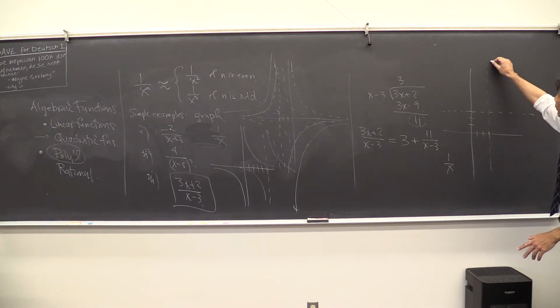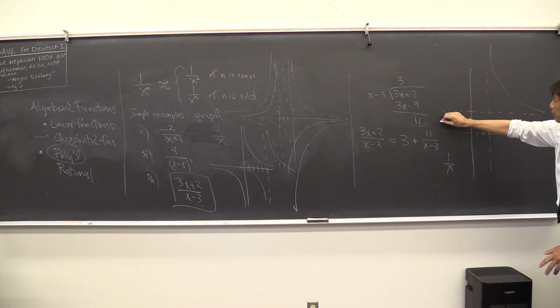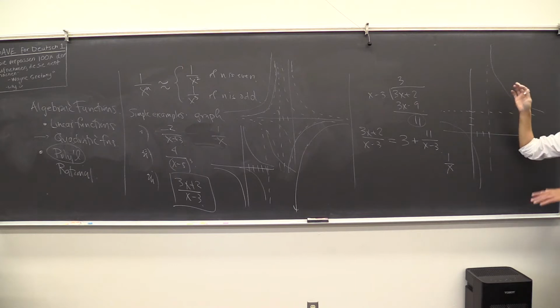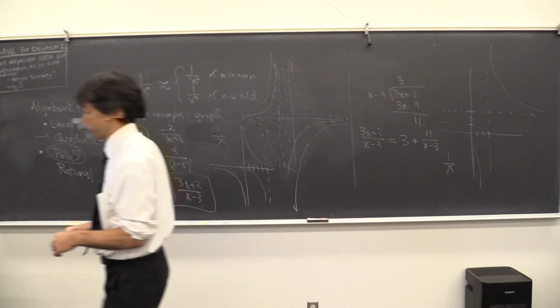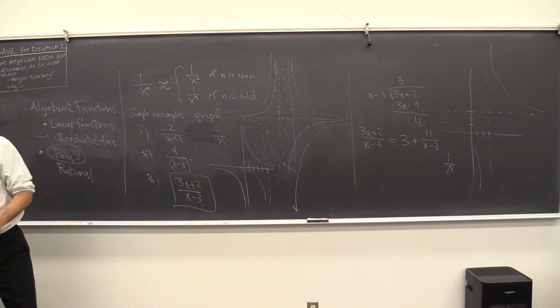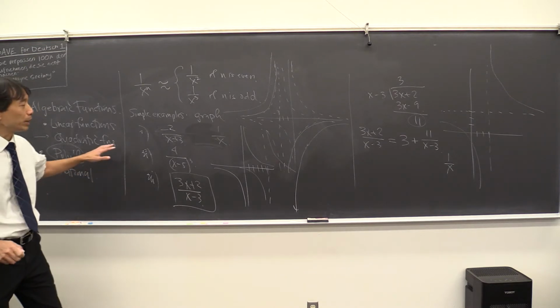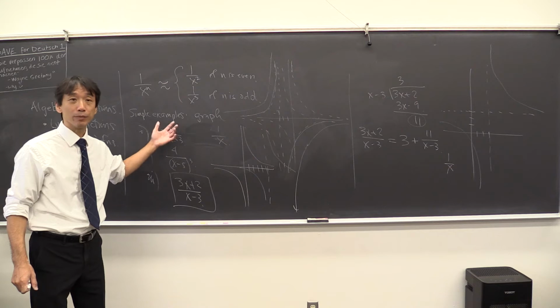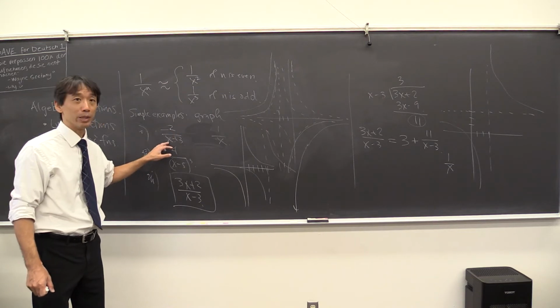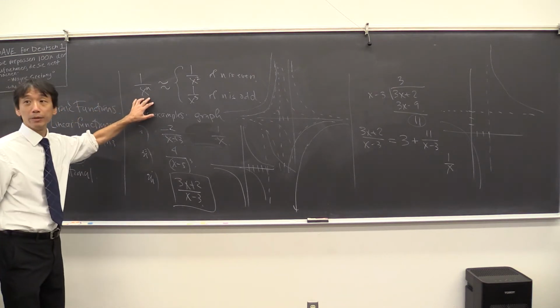And it looks like the 1 over x function, but multiplied by 11, just this taller, stretched out version. Any questions about that? That's just using the translations and reflections and dilations that we mentioned before on the simplest kind of rational functions.